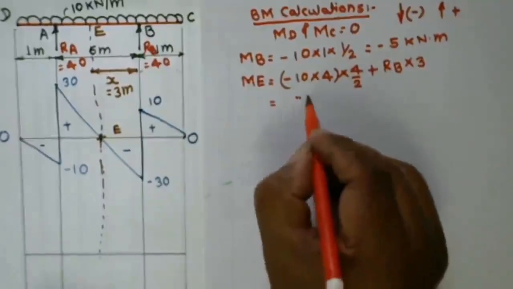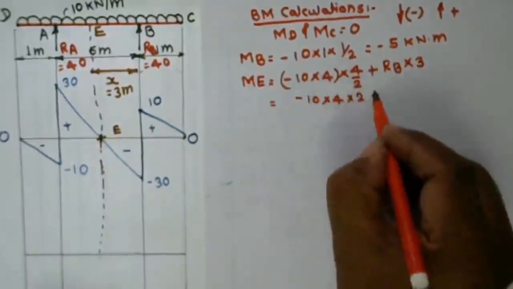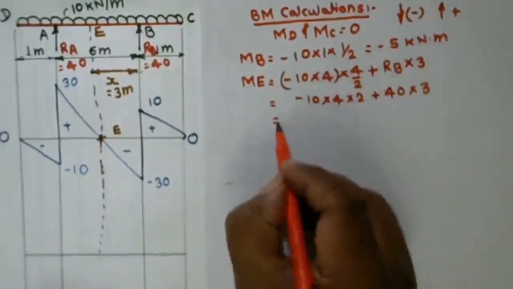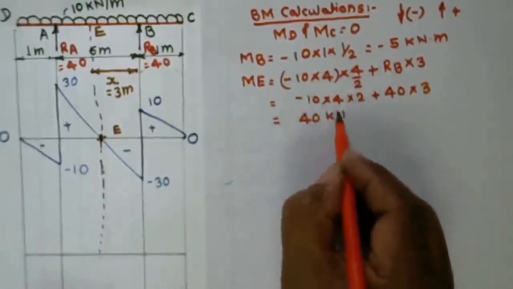So here minus 10 into 4 into 2 plus 40 into 3. So bending moment at point E will be 40 kilonewton meter.